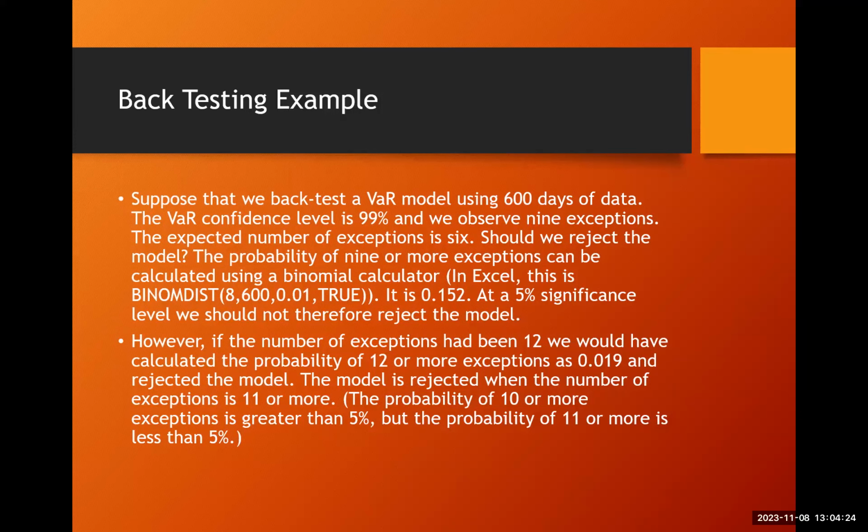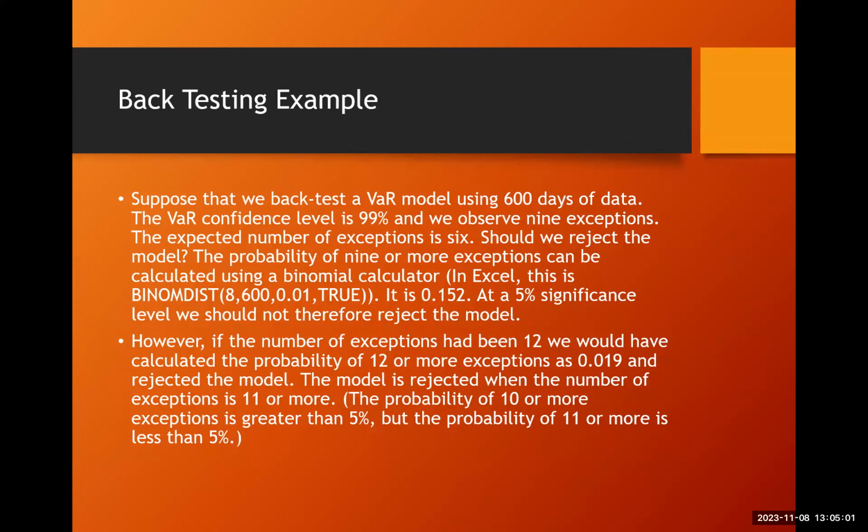And so in this first case, where we get 9 exceptions when we expect 6, that probability is 15%. It's low, but it's not so low that we would say that this is impossible or not likely.